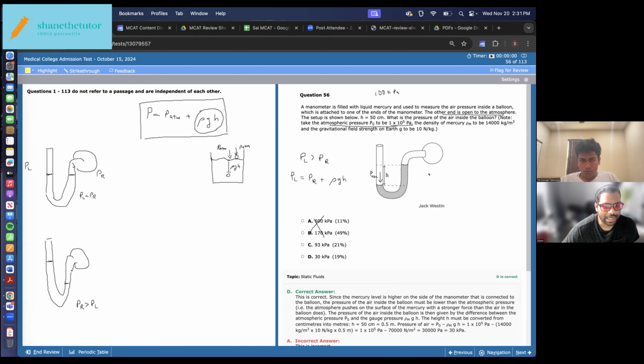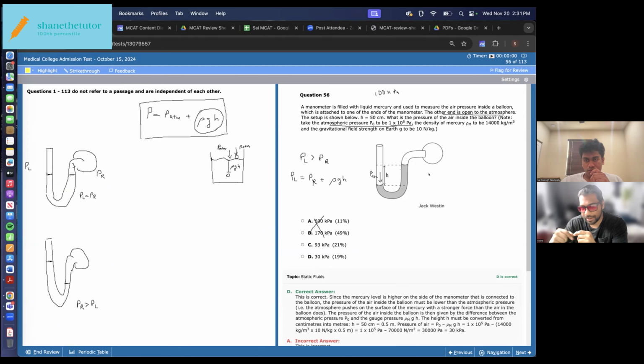So we could write it like this. We could also write it like this, because this shows that the pressure on the left is equal to the pressure on the right plus that column, the rho g h column.